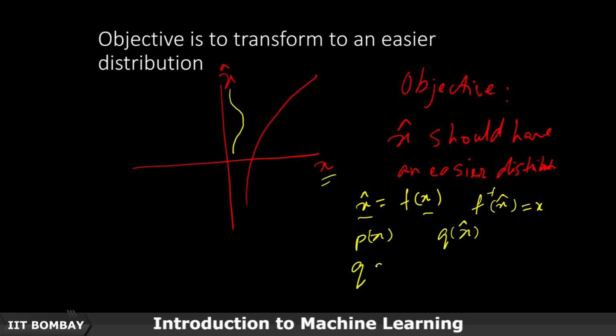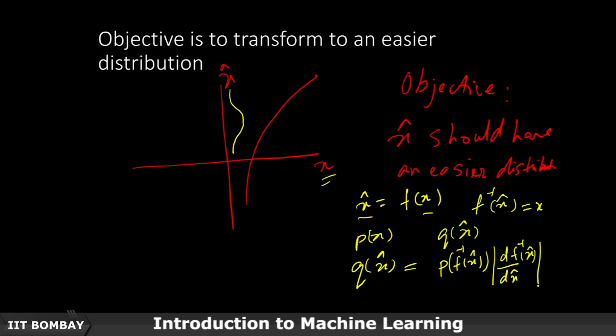So q of x hat is going to be p of f inverse of x hat, times the mod of the derivative with respect to x hat of f inverse of x hat.